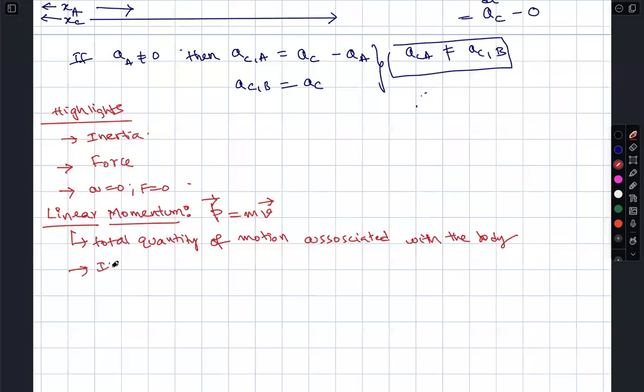Remember, it is a vector quantity whose direction is along the direction of velocity.